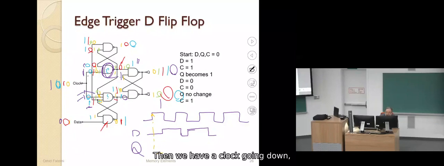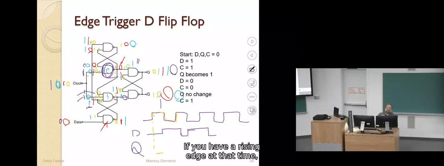Then we have clock going down, and at this time, again, we have a rising edge. If you have a rising edge at that time, look at D at that time. At this time, D is 1. So Q becomes 1 with a short delay.